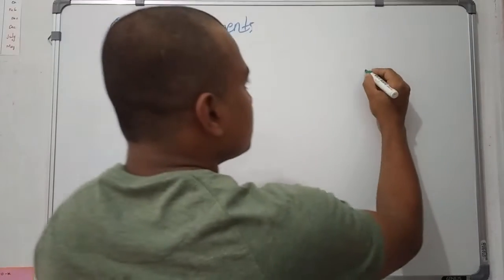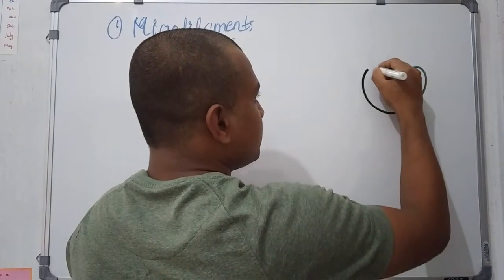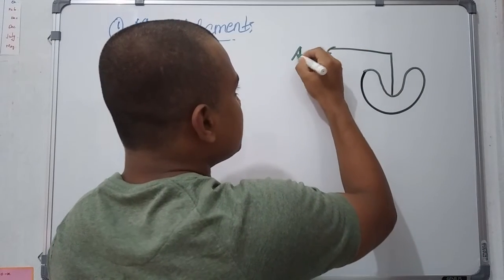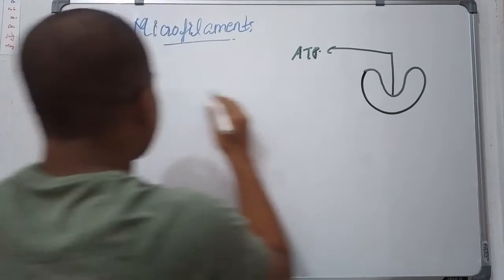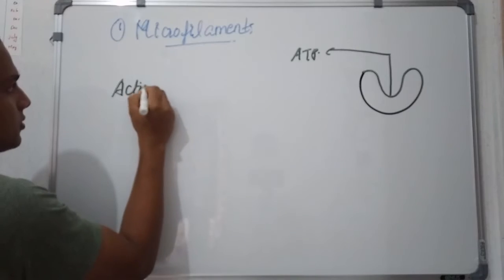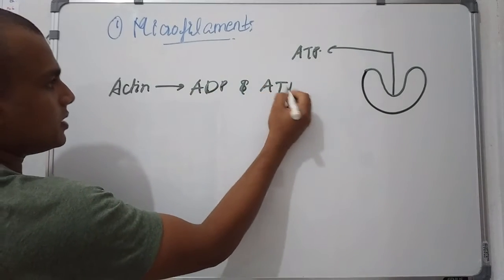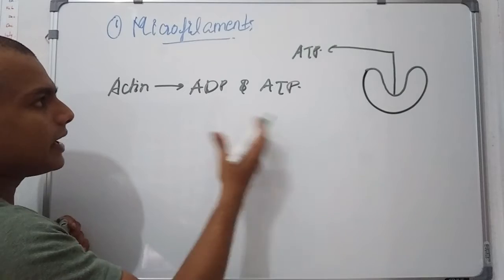As I said before, actin is U-shaped, and this site is for ATP to come and bind. Actin has ADP and ATP. Now, what is the use of ATP?